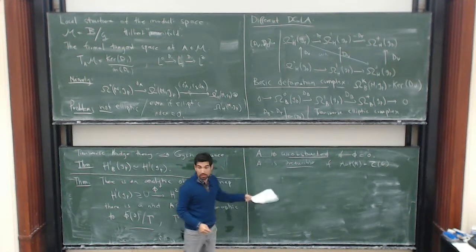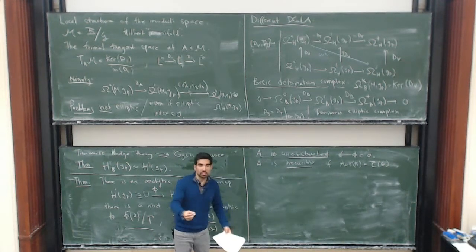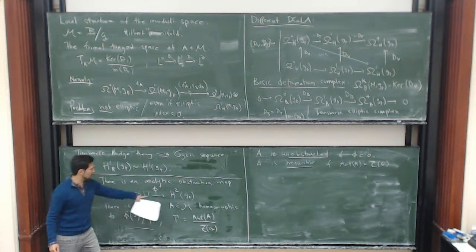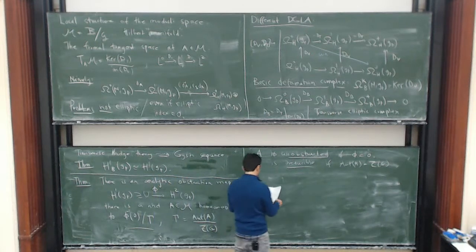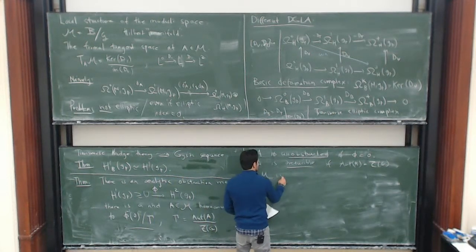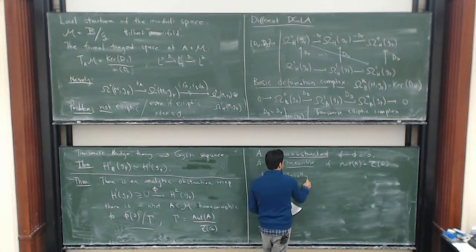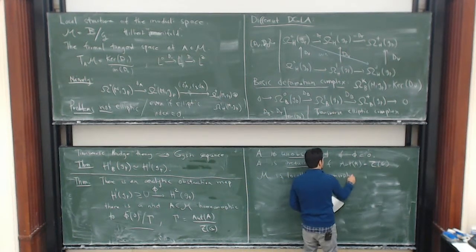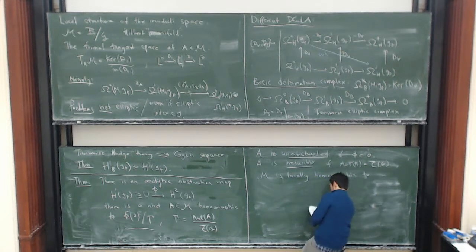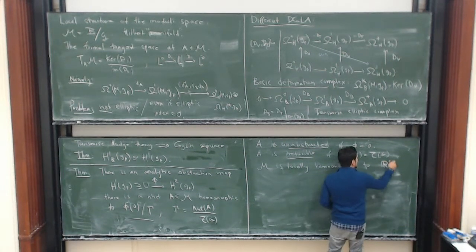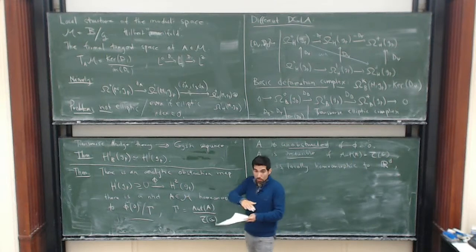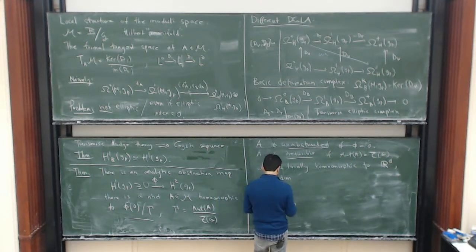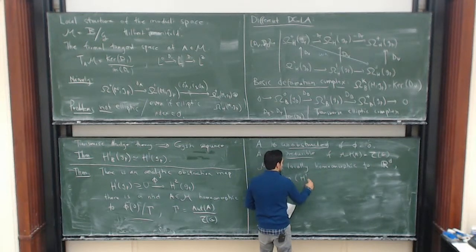So if these two hold, so we work with an irreducible connection, and this connection is unobstructed, the map phi is 0, then M is locally homeomorphic to Euclidean space, R^D. So it's literally a smooth manifold where D is the dimension of H1.